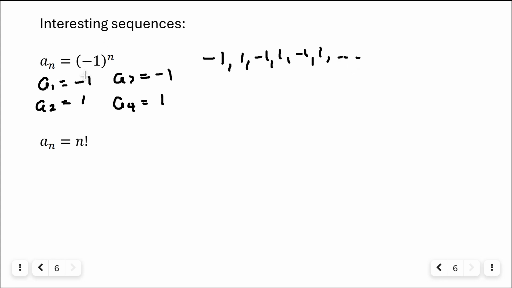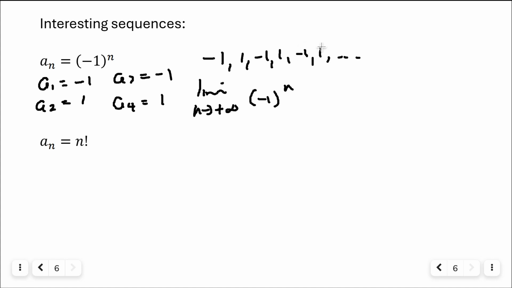Now, if I were to ask you if the sequence converges or diverges, the question is, does it approach a finite value? So if you were to take the limit as n approaches infinity of -1 to the n, the answer is no, it does not approach a finite value because it oscillates between two finite values. It just keeps going back and forth.